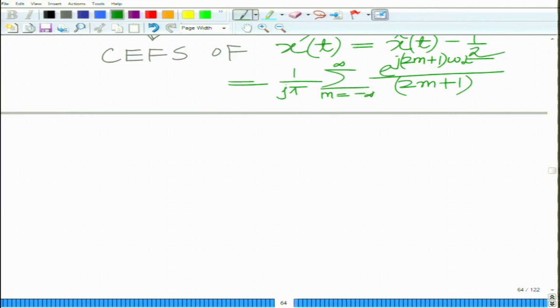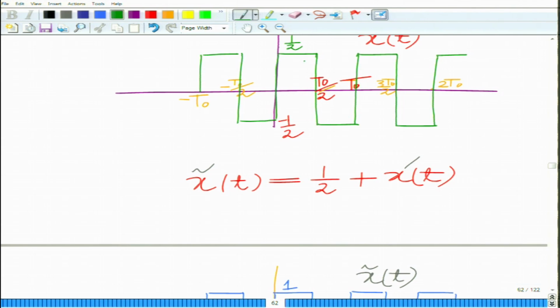Now also realize that x prime t is nothing but the derivative of x t, and we have already seen this.